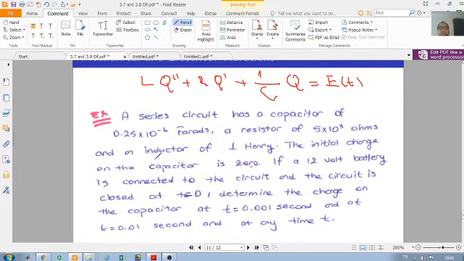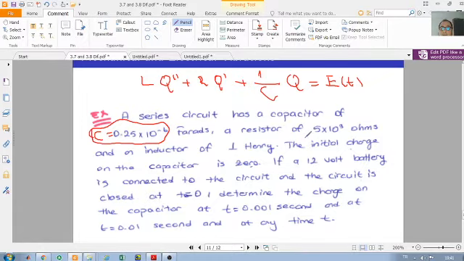For example, a series circuit has a capacitor of 0.25 times 10 to the power minus 6 farads, which means C is equal to this. Okay, we know one of the constants given in the example.